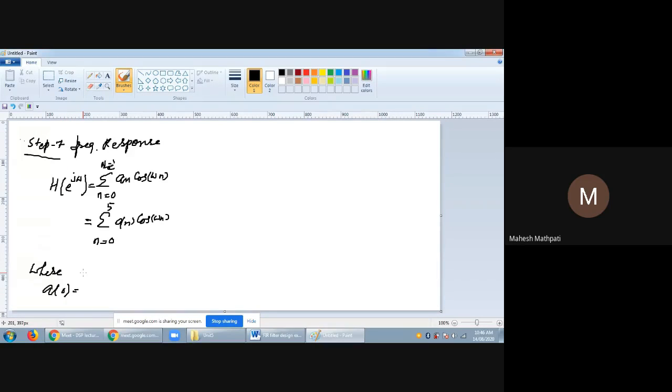A of 0 is simply h of N minus 1 by 2, which is again h of 5, which equals 0.5. It is 0.5. Okay. So this is the first step value. Understood? Any confusion here? Yes.